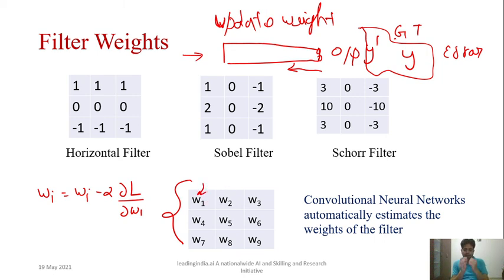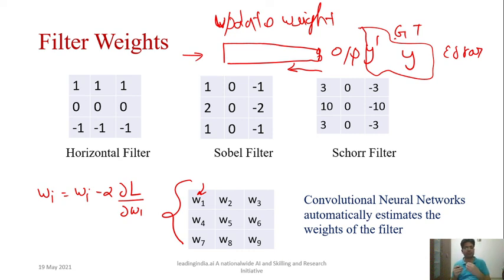The same learning concept that we utilize in the ANN will be utilized here to find the correct filter weight values. So you do not need to decide the correct filter values. They are decided automatically while you train the entire network, so that you get the best value of W and the minimum error.